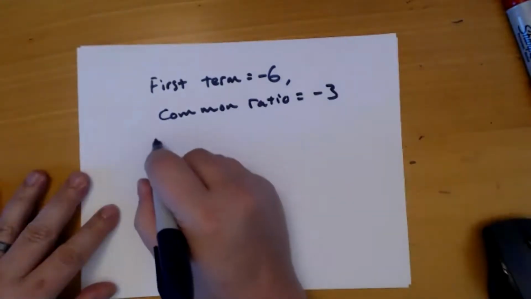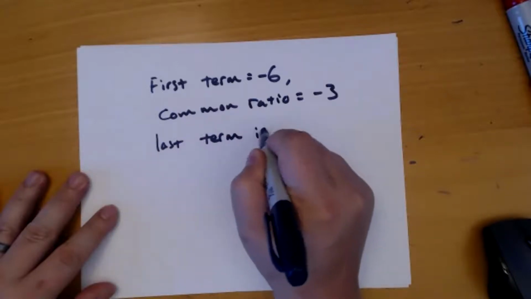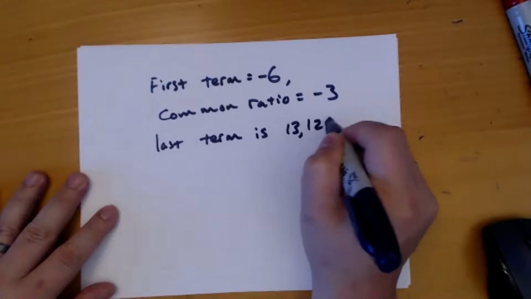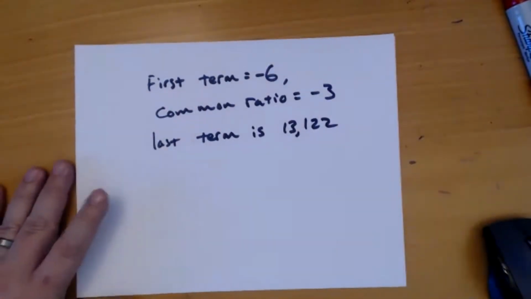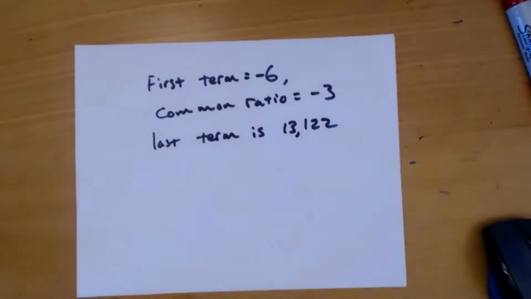Common ratio -3. Last term 13,122. And we want to find the sum.